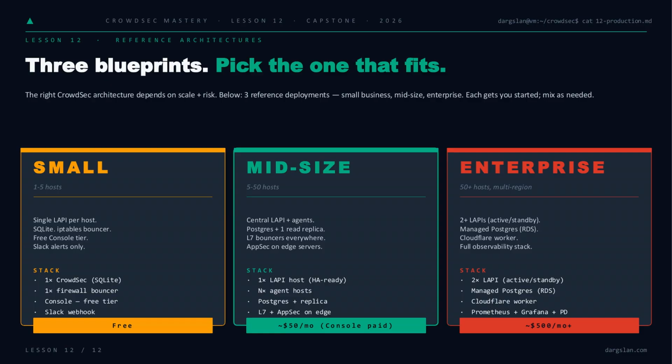About 50 a month. Enterprise, 50 hosts and up, multi-region, active standby LAPIs, managed Postgres, Cloudflare worker, full Prometheus and Grafana, 500 plus. Pick the one that matches your reality today and mix freely as you grow.